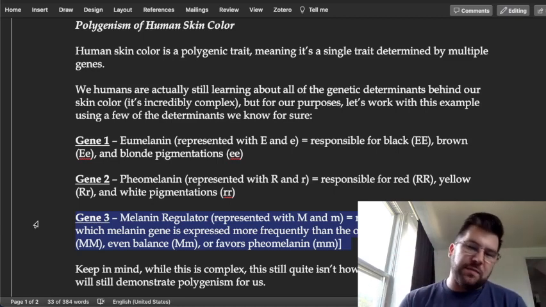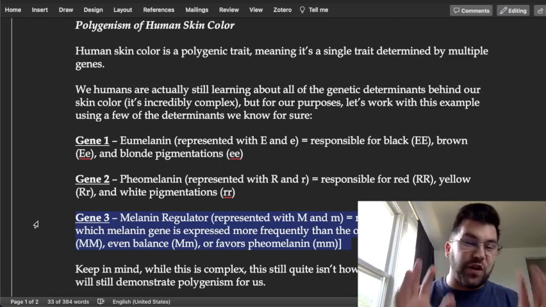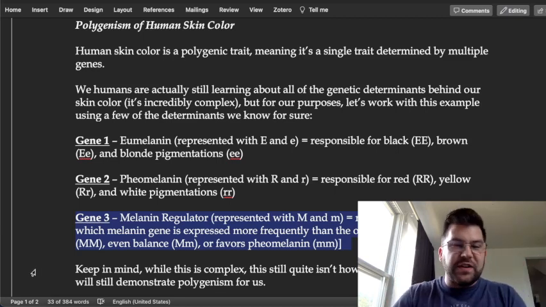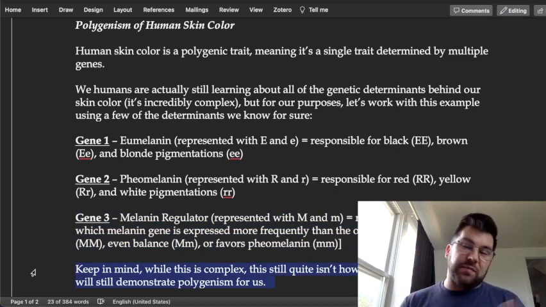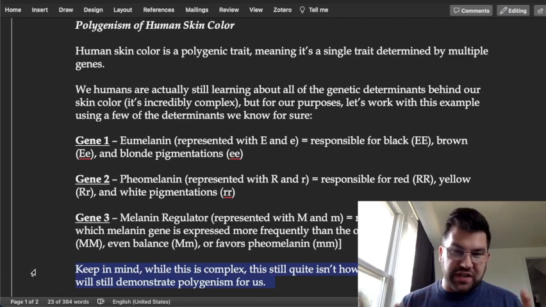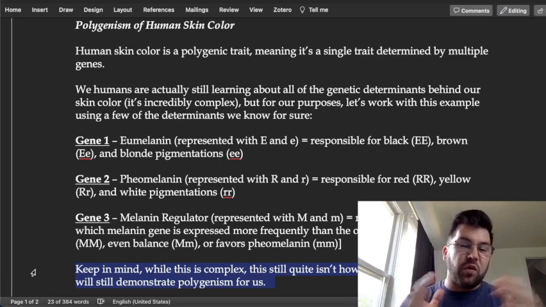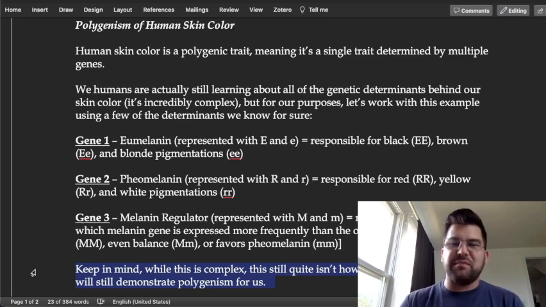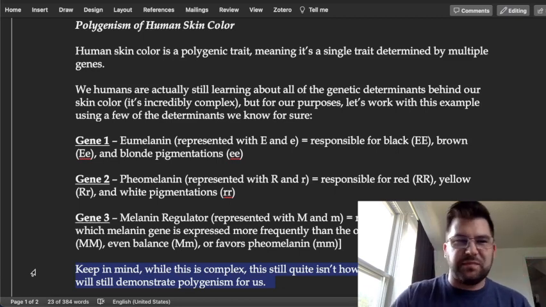So you can see how that breakdown works in our heredity here as well for today's working example. Again, keep in mind this is complex. It's complex to track polygenism across 3 genes, but even in our reality of human heredity, it's even more complex than this. We're simplifying this example today.